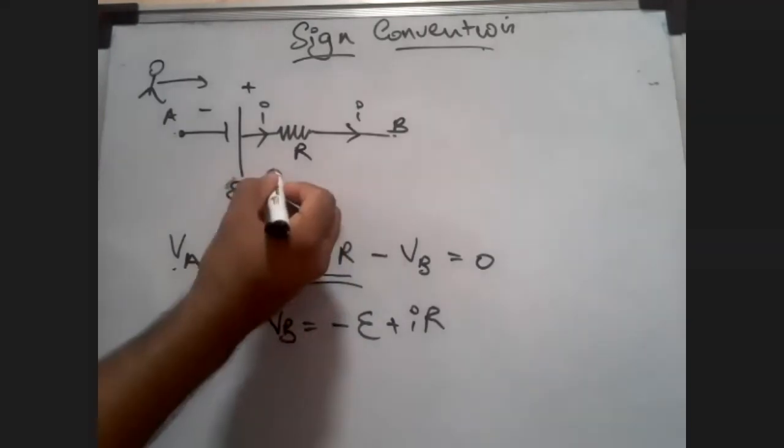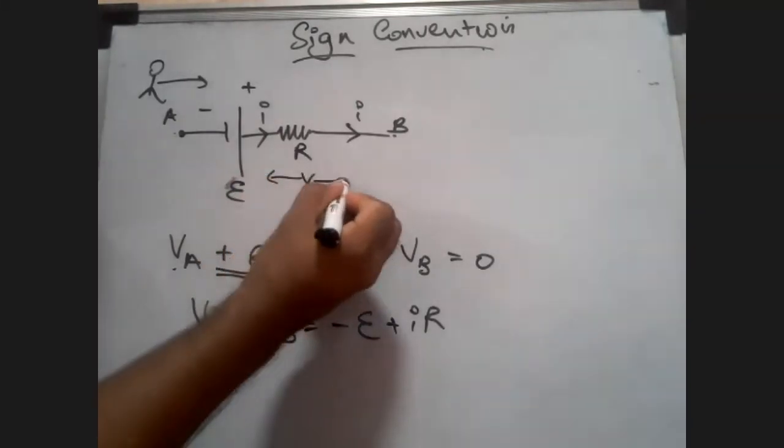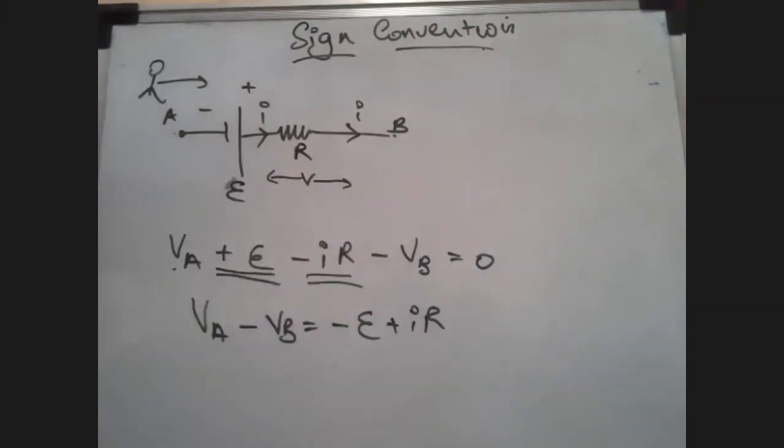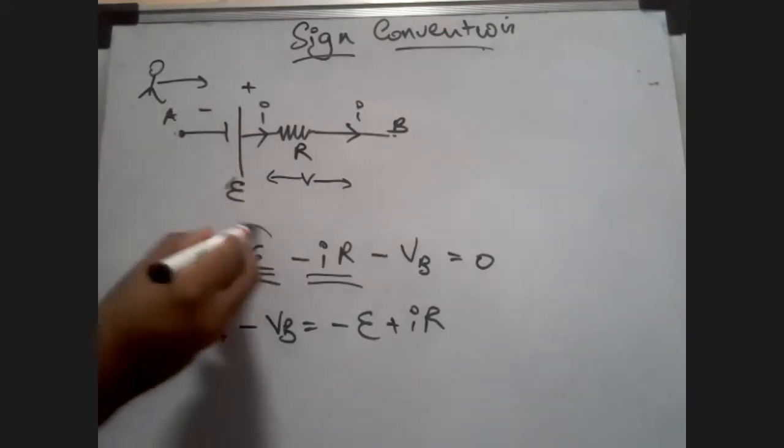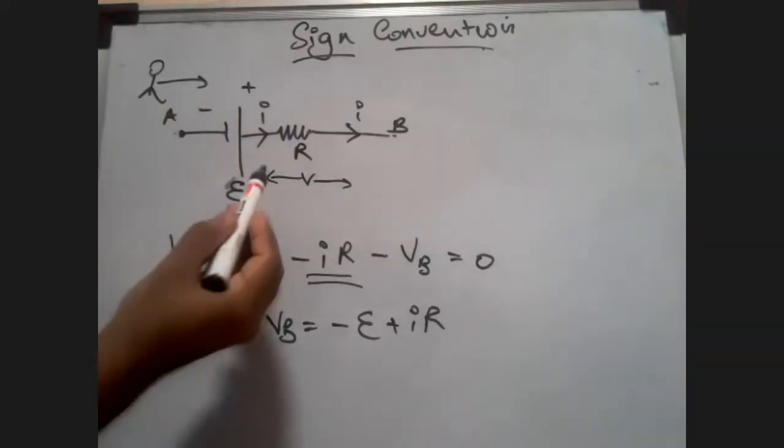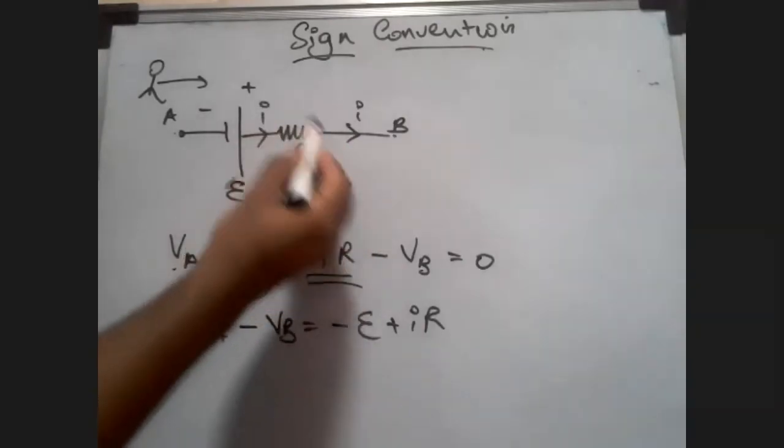What is IR? It is a potential difference across the resistance. Can you agree or not? Yes or no? Yes, sir. That is what we are writing. We are writing only the potential difference across each component we are looking at. Okay. So negative to positive, I am taking as positive epsilon. When I come across this IR, what is happening?